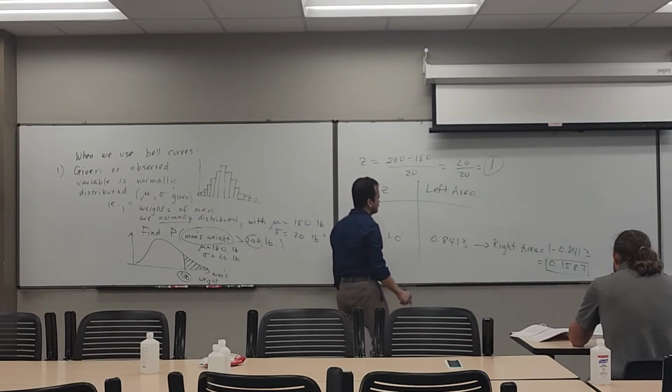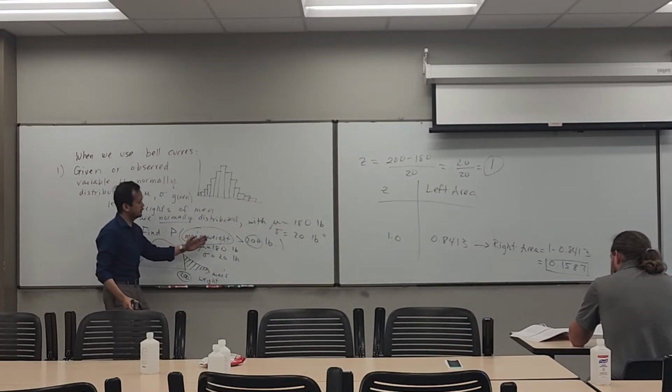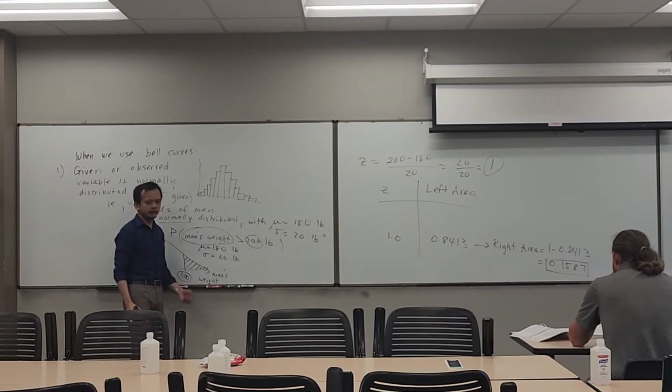So 0.1587. That's the answer to this question, which is the probability that a man weighs more than 200 pounds will be 0.1587, or 15.87% of the time.